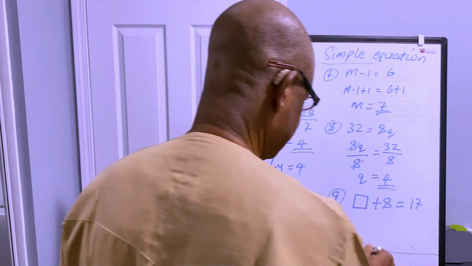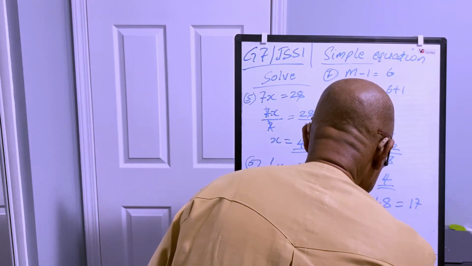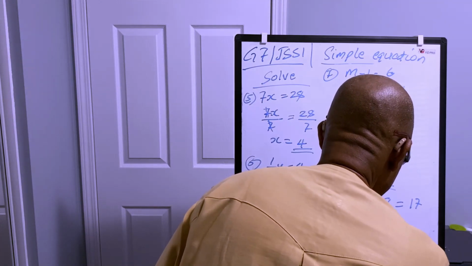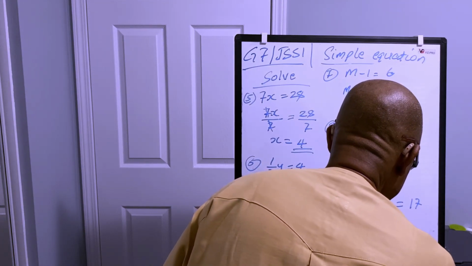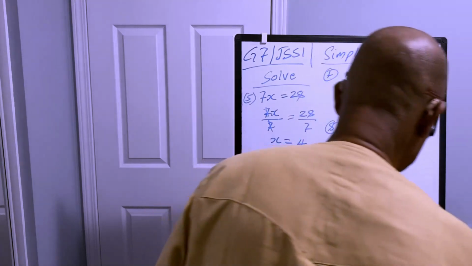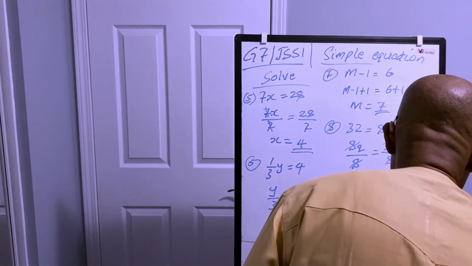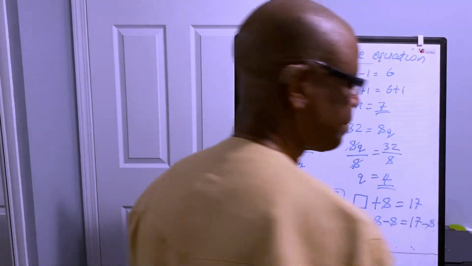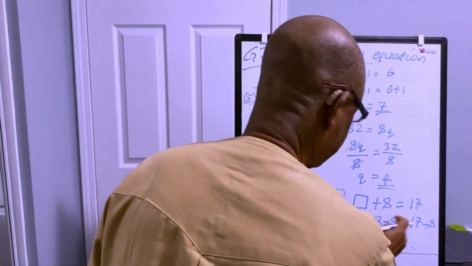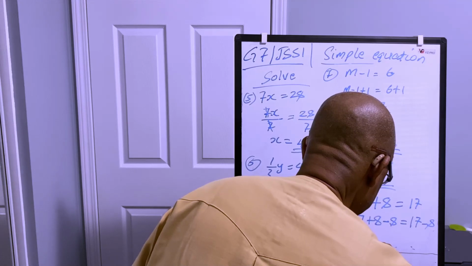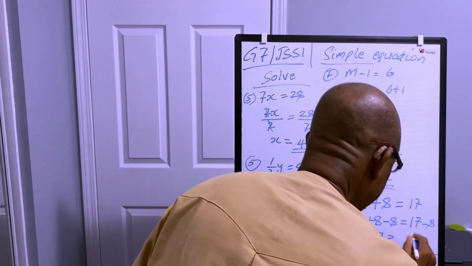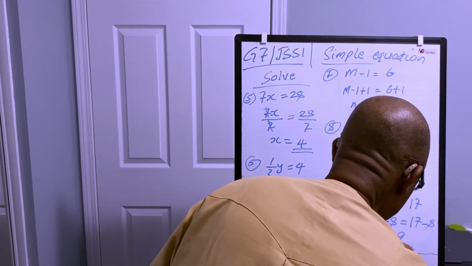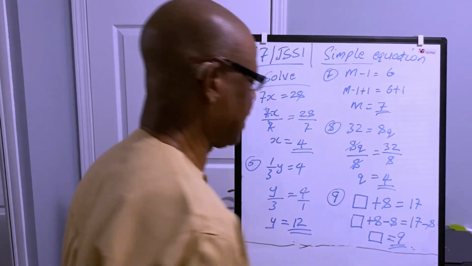You simply say that the box plus 8, you remove this 8, minus 8, equals 17. What you do to the left, you do to the right. And so 8 minus 8 is 0. So the box is singled out, which we are looking for. 17 minus 8 will give us 9. We have found the value of that very box.